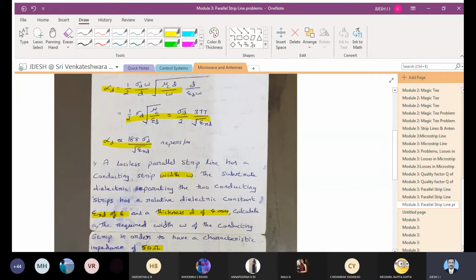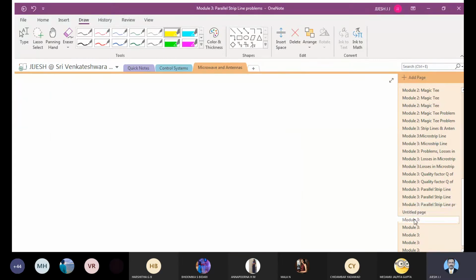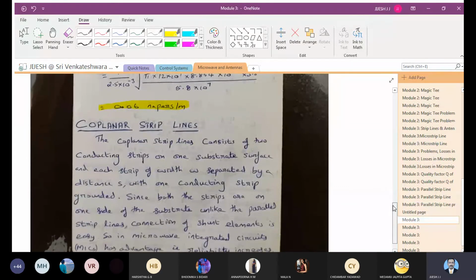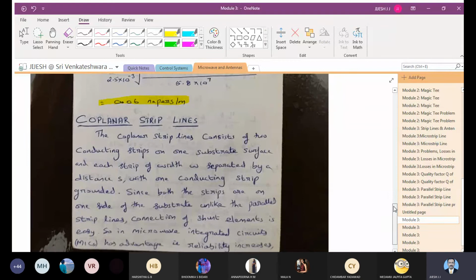This will be approximately sigma D by 2377, same thing. So it's enough. You can get 188 sigma D by root of epsilon RD. So you can use this equation and find out alpha D. That you can do later, just write the equation there and do the calculations later on.